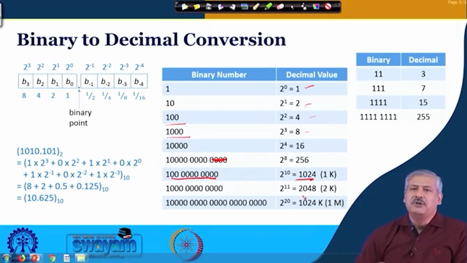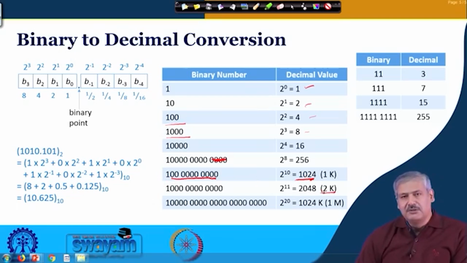1024 is also represented as 1K. So when we say 1 kilobit, it means 1024 bits. It does not mean 1000 bits, as in the decimal system. In binary or digital representation of numbers, 1 kilo stands for 2 to the power 10, which is 1024.